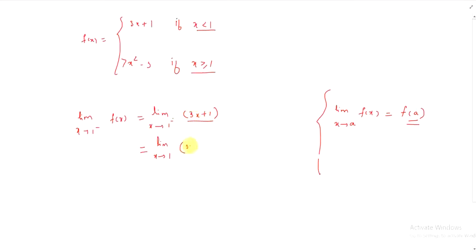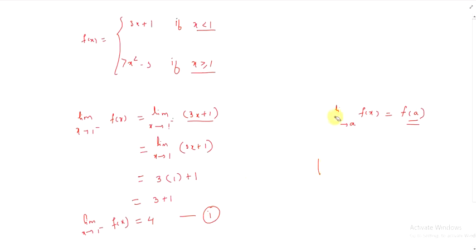So we can write the limit as x tends to 1 of 3x + 1, and substituting the value of x, 3 into 1 plus 1, that is 4. So this is our left hand side limit, equation number 1.